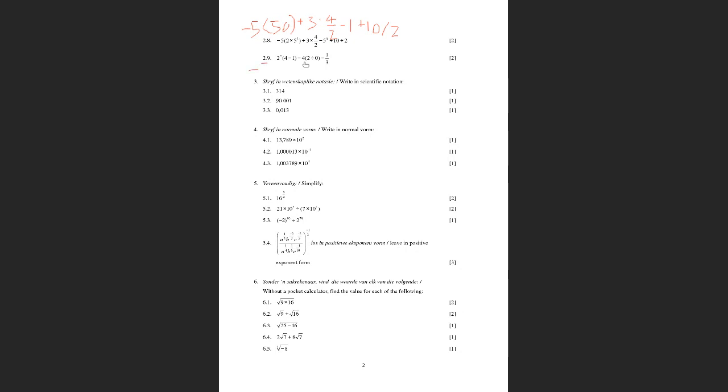So we get minus 5 still times 50 here, then we get plus 3 times, 4 divided by 2 is 2, minus 1, plus 10 divided by 2 is 5.